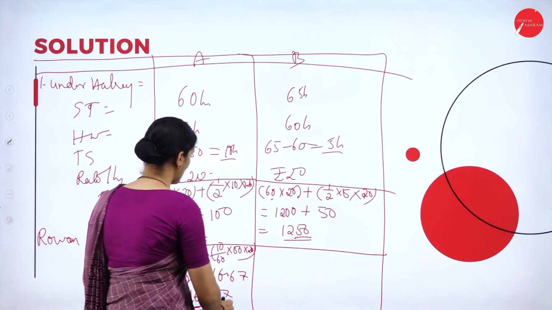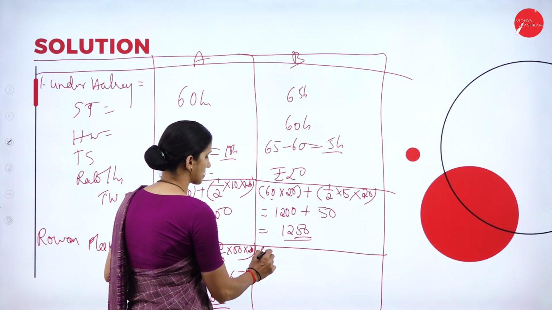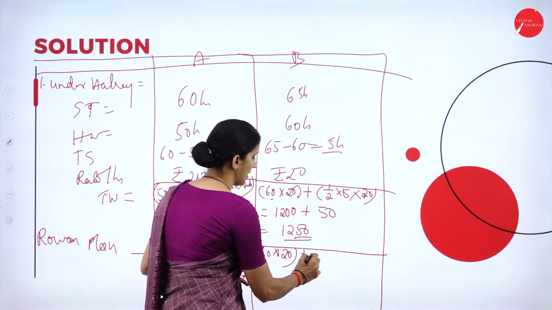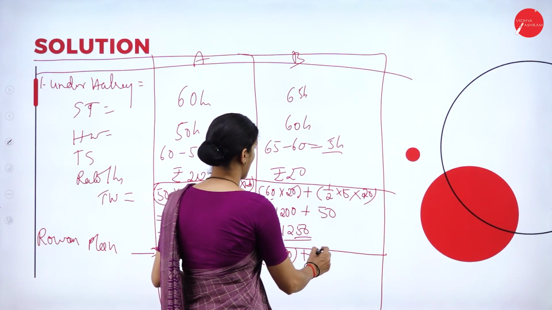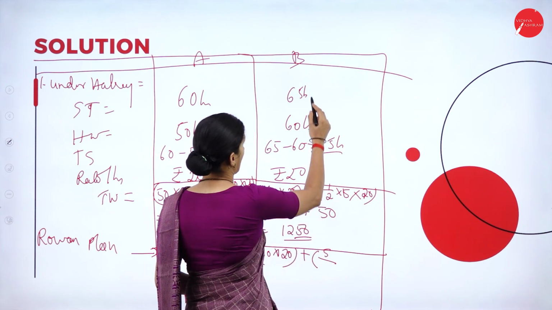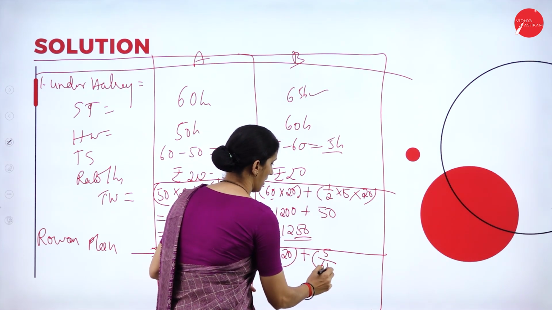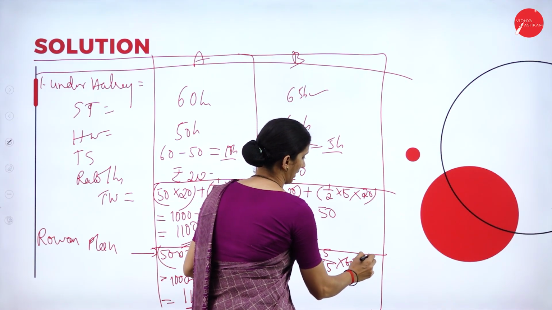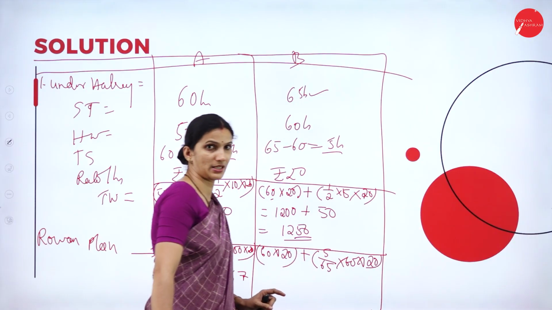And then for B, again hours worked, 60, into rate per hour, 20, plus bonus calculated based on hours saved, 5, divided by your standard time, 65, into hours worked, 60, into rate per hour, 20.